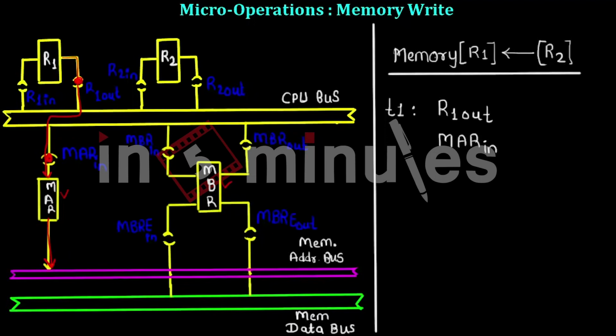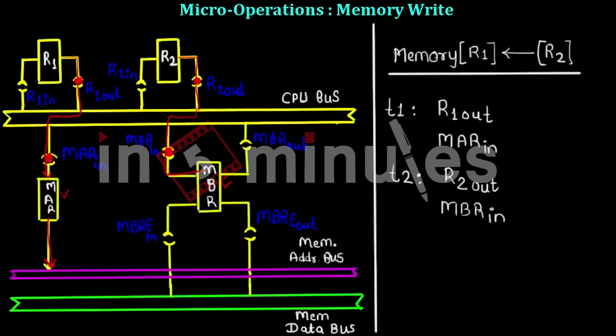Now in the second T state, we want the data to be put on the data bus. So we have the R2 out control signal selected and the memory buffer register control signal MBR in, so that the data from R2 which is to be written is stored in the MBR in this second T state.